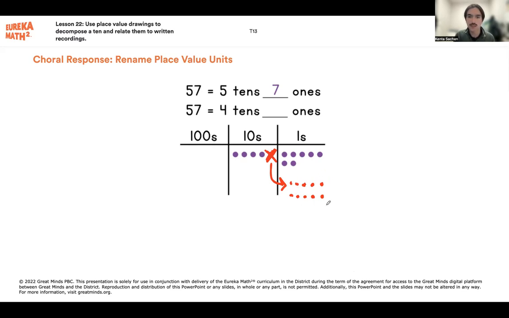Nice. Very good. So now how many ones do I have altogether? 10. Allison H, how many more? Yeah, we have 17 ones now. All right, so this idea of regrouping is going to be super important.